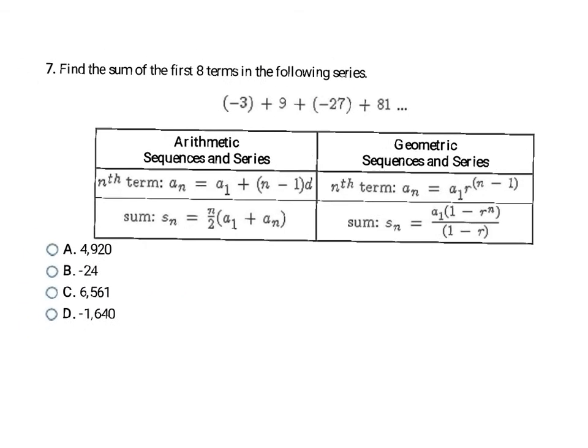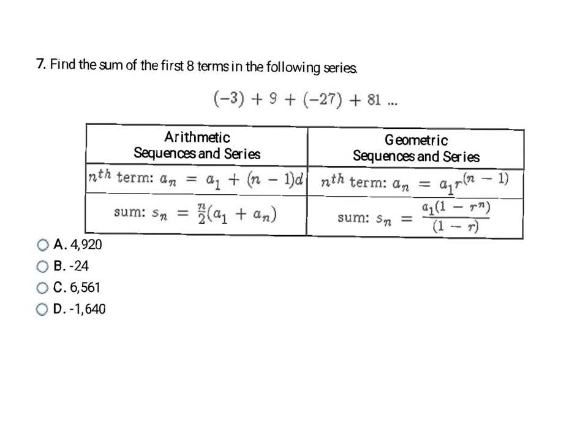This asks us to find the sum of the first 8 terms in the following series. So we have to decide, are we going to use the arithmetic sum or the geometric sum? And I'm looking at this, and it looks like it's being multiplied by -3 each time. So because we're using multiplication, we're going to use geometric.